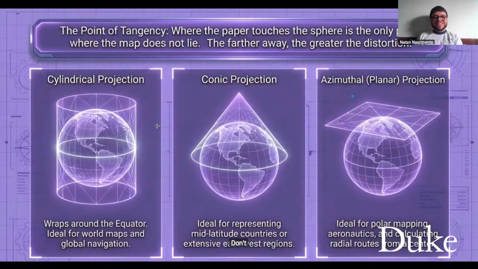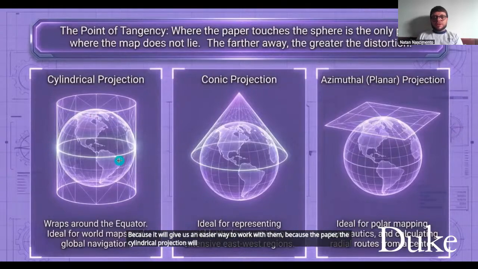Don't worry. So from all of those, the cylindrical is the most useful one because it will give us an easier way to work with them, because the cylindrical projection will give us a touching point that is easier for us to understand.